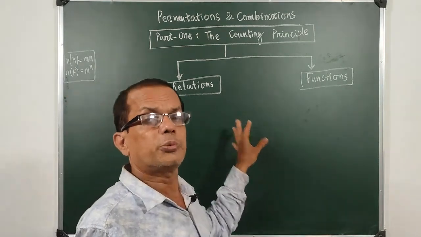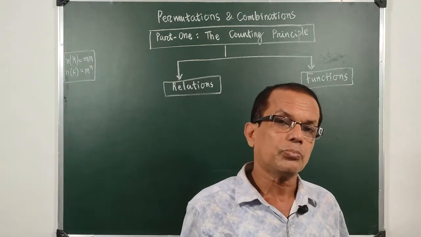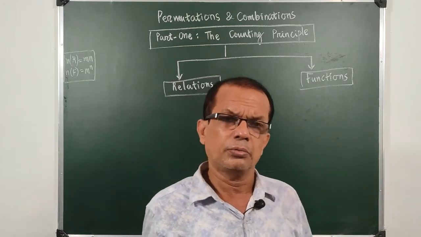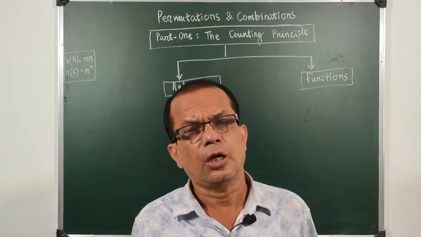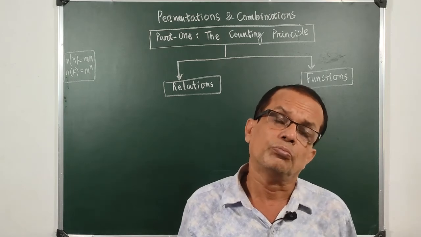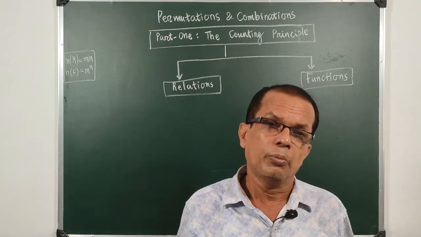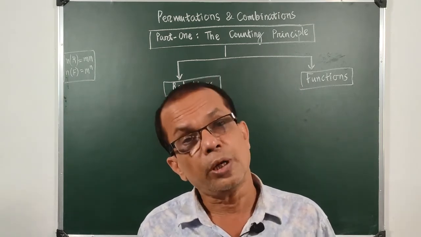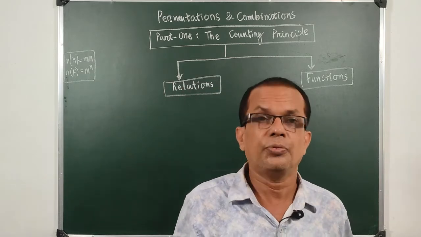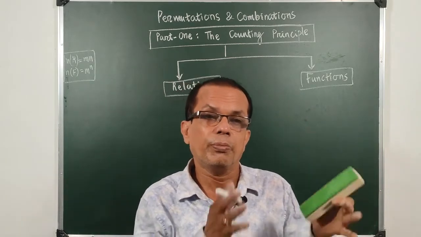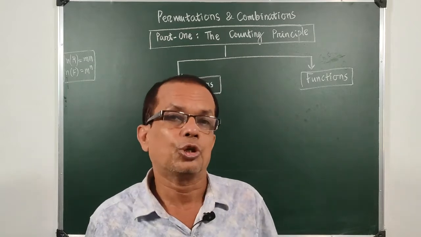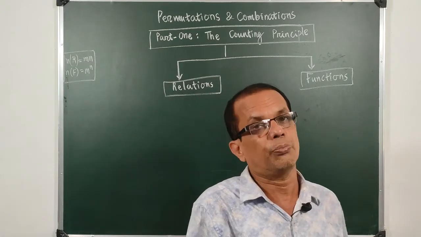Do you know the difference between a relation and a function? Any man can marry any woman and become a part of the couple, but can any man marry any woman? In a family life we have restrictions. Some men cannot marry some women.